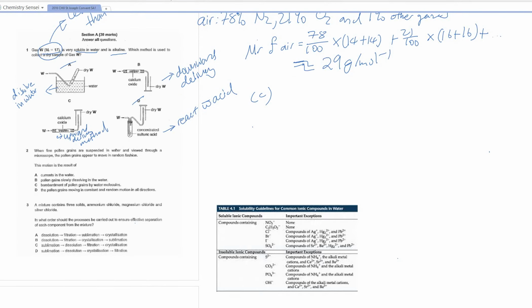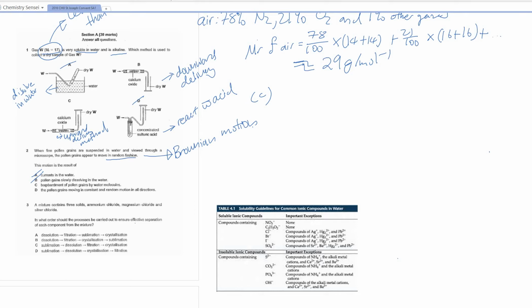When fine pollen grains are suspended in water and viewed through a microscope, the pollen grains appear to move in a random fashion. For those of you who are aware, this is also known as Brownian motion. Option A is incorrect; it's not caused by currents in the water. It's also not caused by pollen grains slowly dissolving in the water.